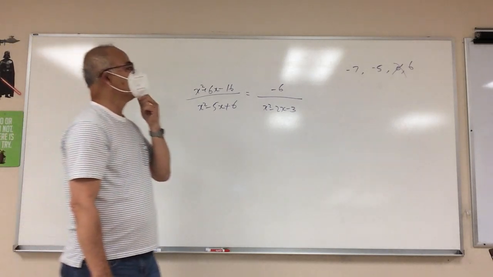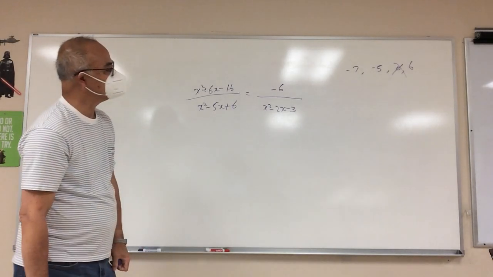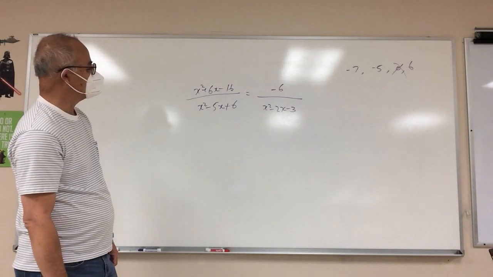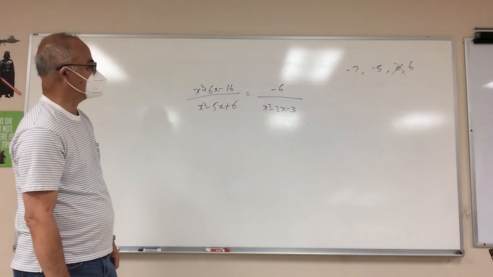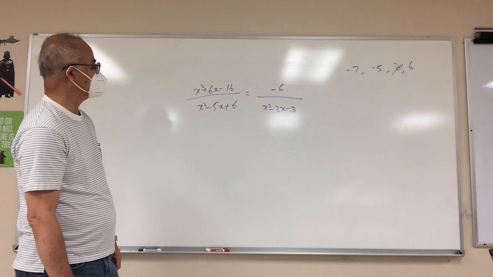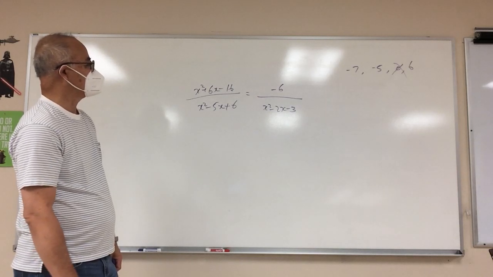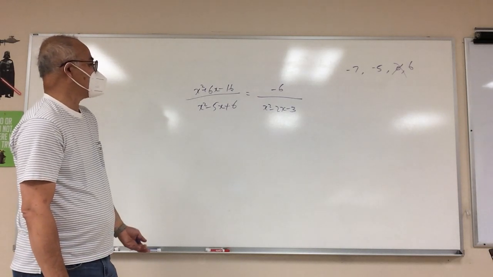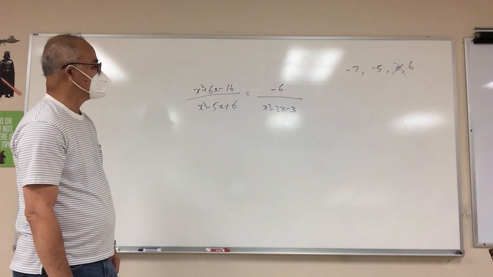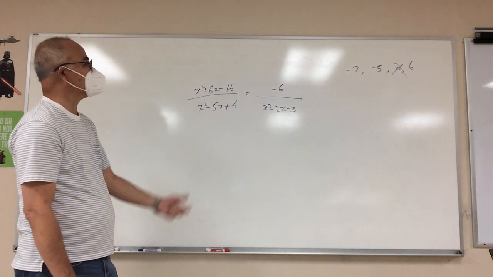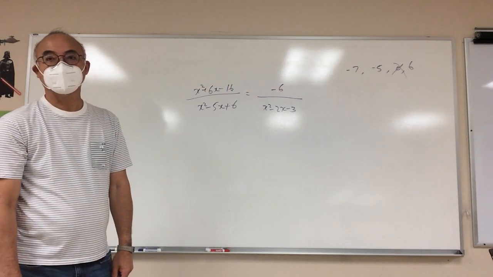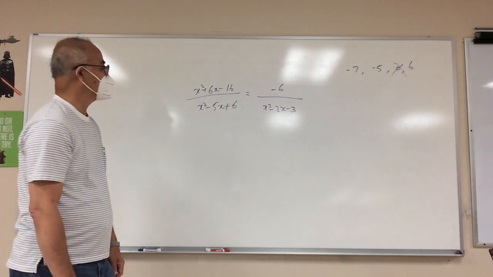Okay. So what else am I going to do? What can I do next? Which would you check? I would check the 6, just because 6 is an easier number than negative 5 or negative 7. Okay?